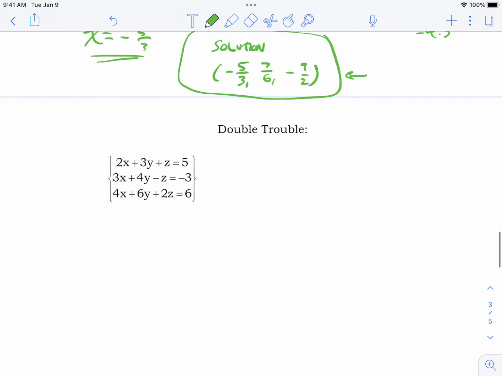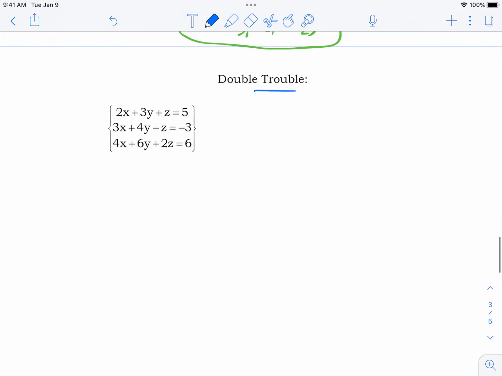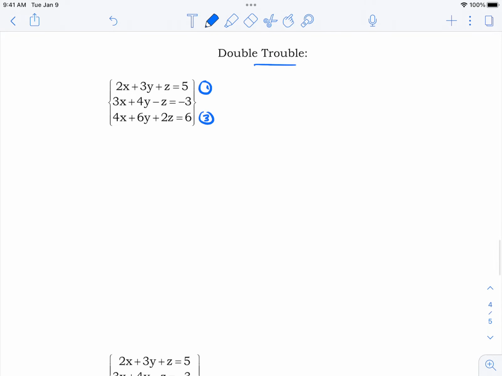Now these last two are going to be fast because, I mean, it says right here, trouble. With these, you run into trouble. Now, what I'm going to do here is hit the trouble right away because I know how to do that. I'm going to take negative 2 times equation 1 and add equation 3 to it. My idea was to make this a negative 4x and that a positive 4x, and the x's will go away.